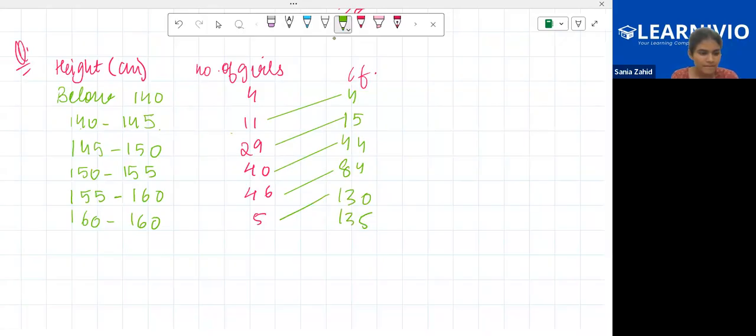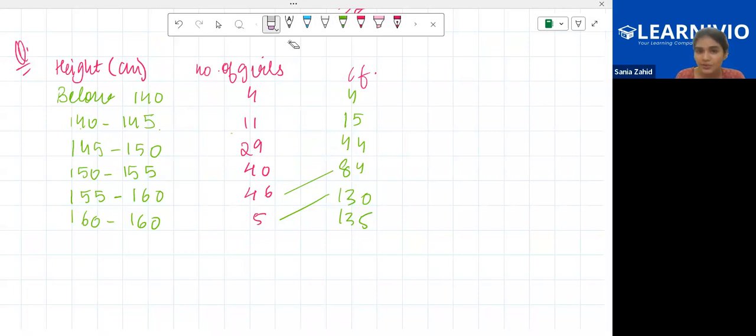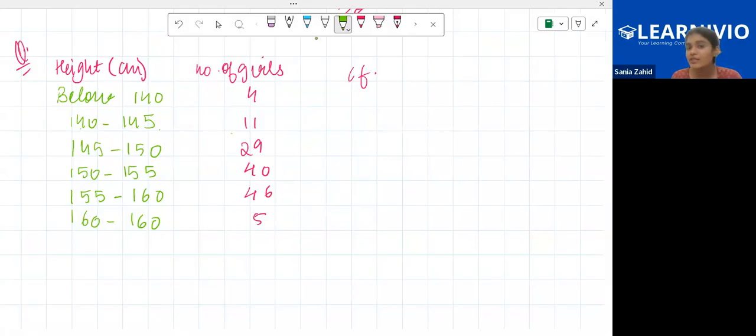We made one mistake. Wait. When you are changing this value, up to 145 was 11.